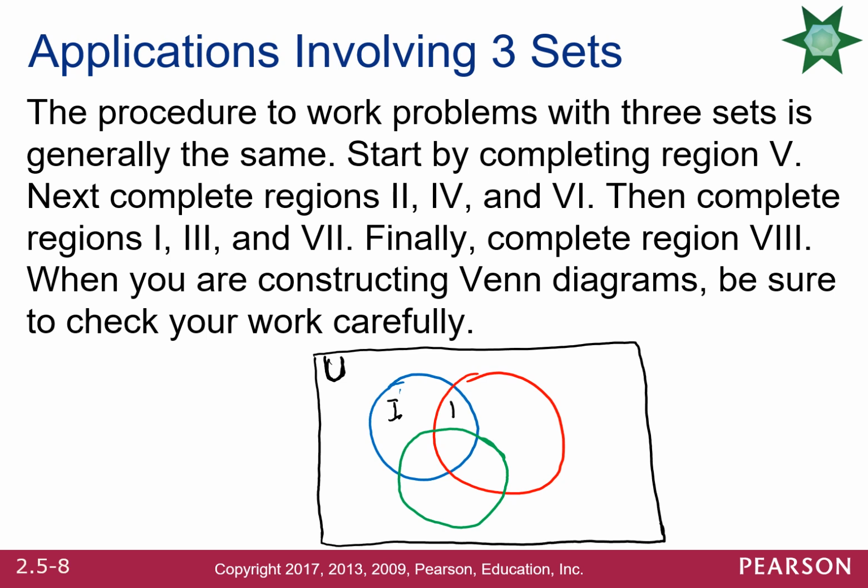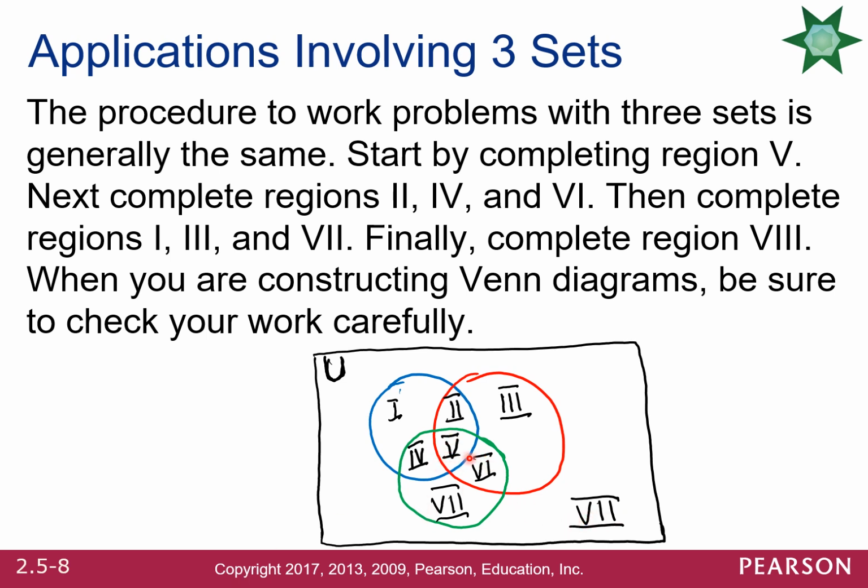Then the next one, which is an intersection between the blue and the red, is region 2, and then we have region 3, and then we have region 4, region 5, region 6, and then we have region 7, and finally outside is region 8. All right, so 1, 2, 3, 4, 5, 6, 7, 8.